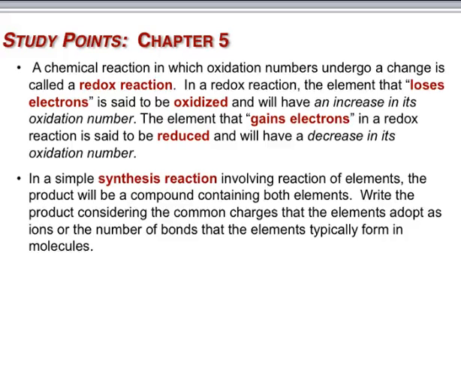If it's ionic, you just need to look at the common charges that ion will have and build your compound. If it's going to be a molecular compound, instead of charges, you look at the valence.